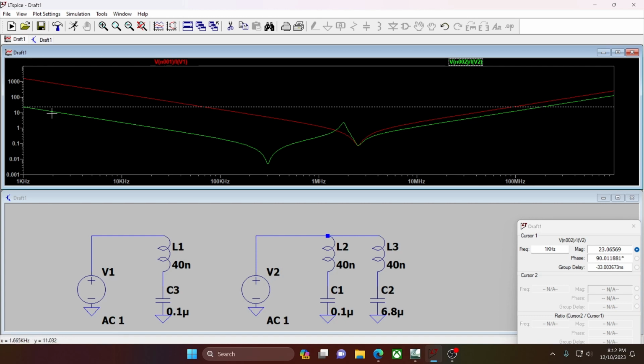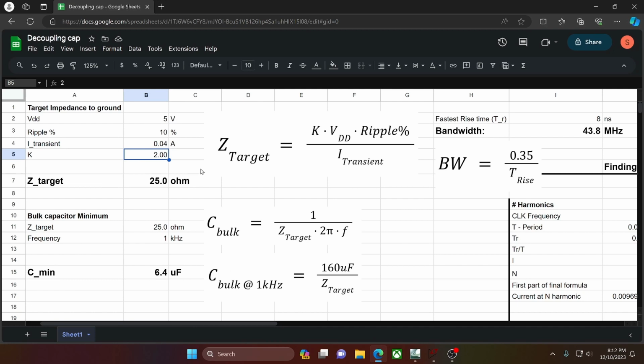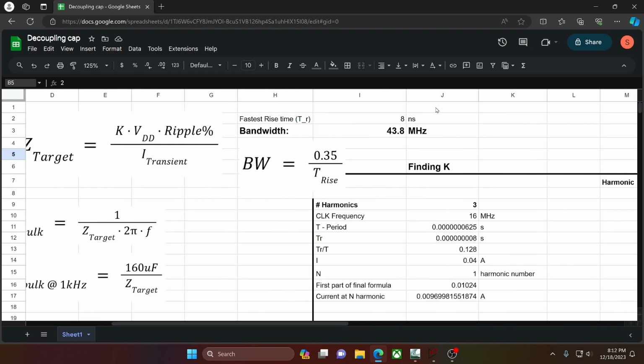So let's go back over to the formulas. Okay, so I was going to talk about this K value here. You're not going to see that much anywhere else on the internet. I had to get it from Henry Ott's book, and holy moly, confirming that was a nightmare of math. The story behind the K value is that we only care about the noise in this bandwidth right here.